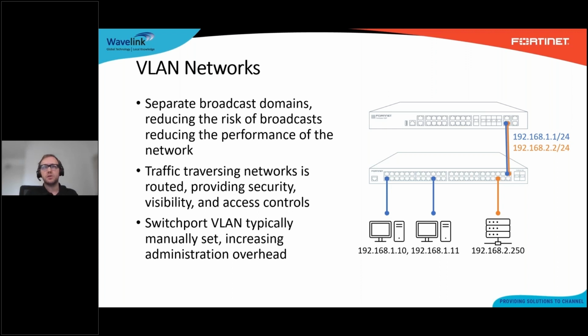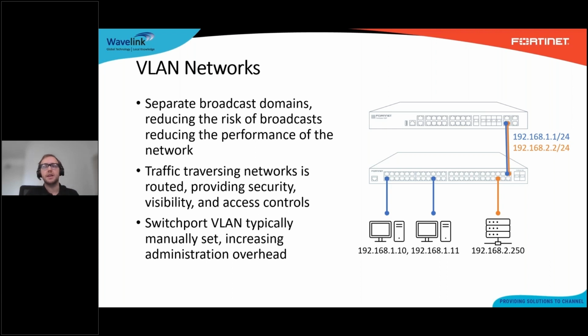Because the PC and the server are on two separate VLANs in this example, the server will never get the broadcast of the PC unless you're specifically putting into your firewall a rule that allows broadcast to be transferred across from one VLAN into another. So you're significantly reducing down your broadcast domain, and that significantly reduces the amount of performance requirement from your switching perspective.